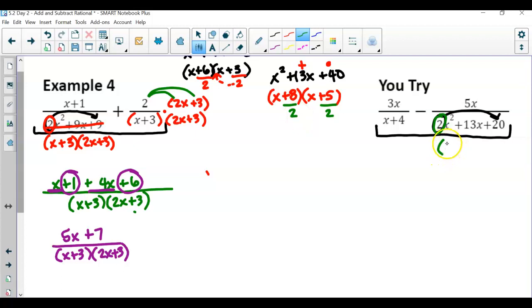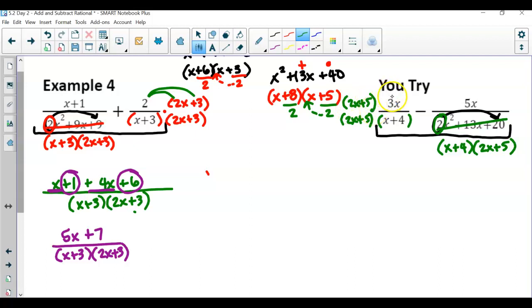In factored form, final for this trinomial here, we have x plus 4 times, bottoms up, 2x plus 5. So if this expression here, factored form, is x plus 4 times 2x plus 5, and here we already have x plus 4, well then what's missing? 2x plus 5. That is what is missing here, 2x plus 5.